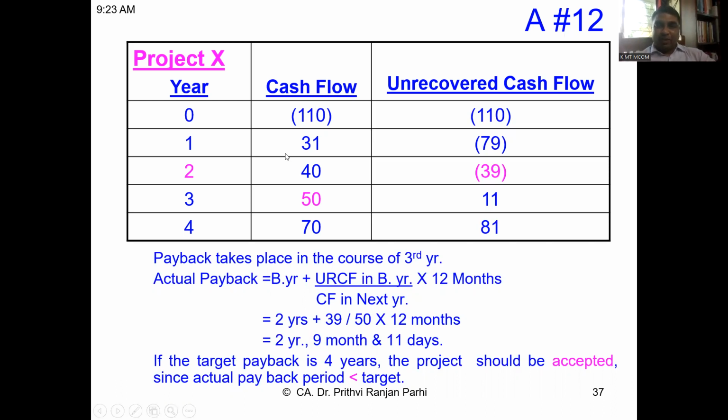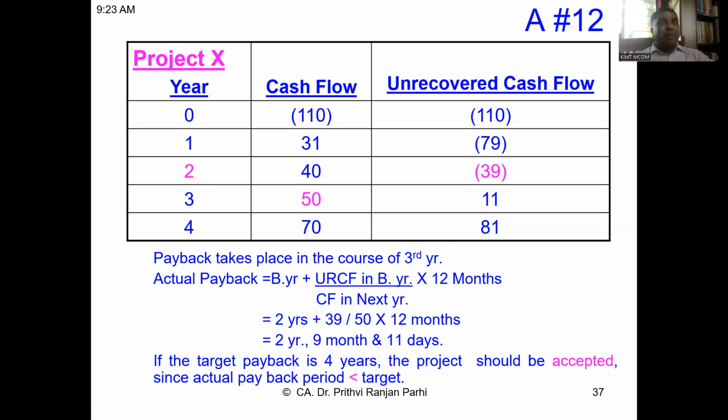Here, that is year 2. So year 2 plus unrecovered cash flow in the base year, that is 39, divided by cash flow in the next year, that is 50, into 12 months. That means 2 years plus 9 months, some days. If you convert it into days, you get 11 days.